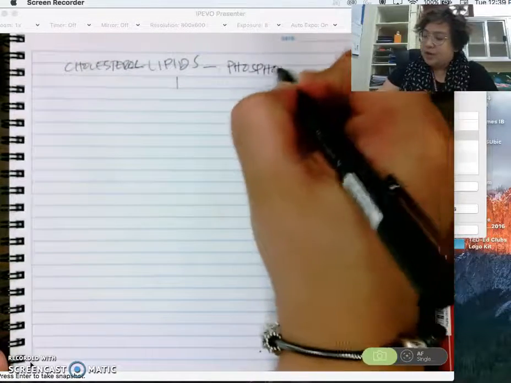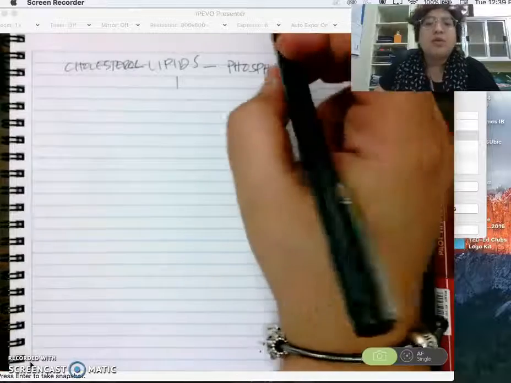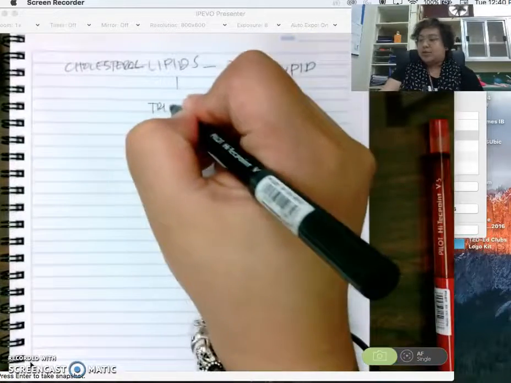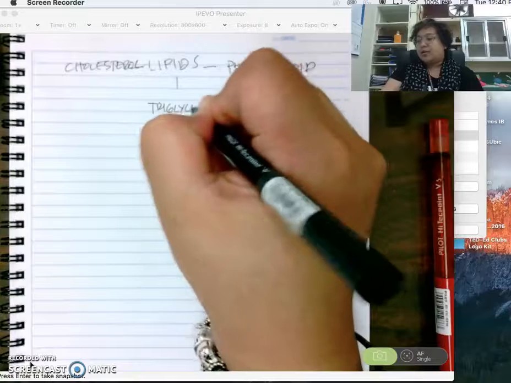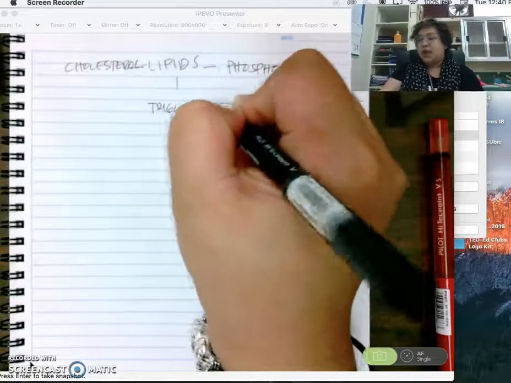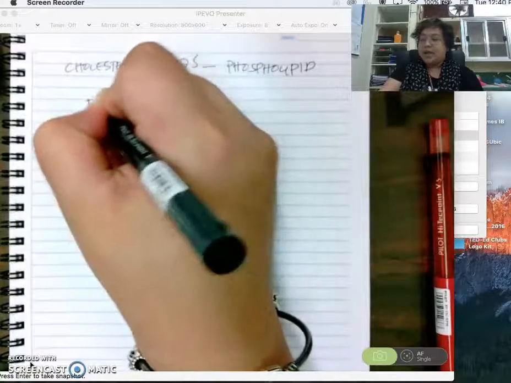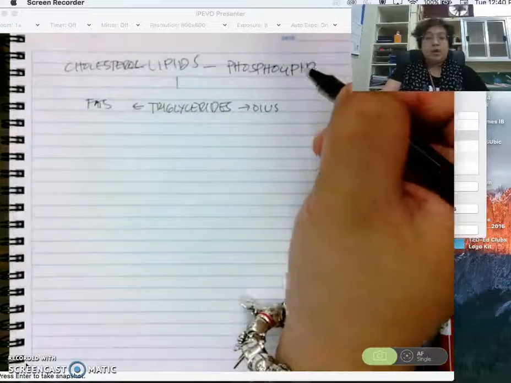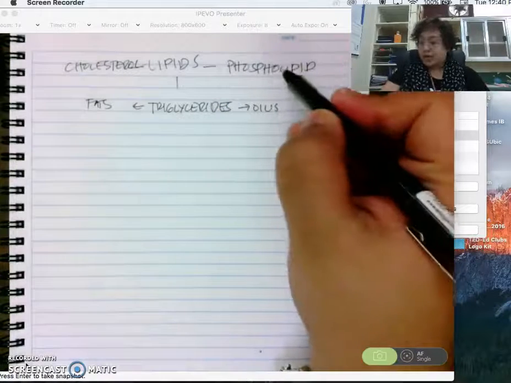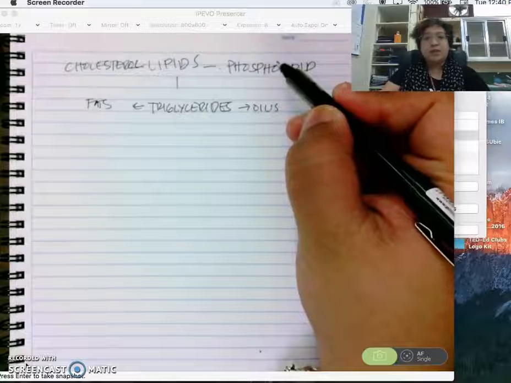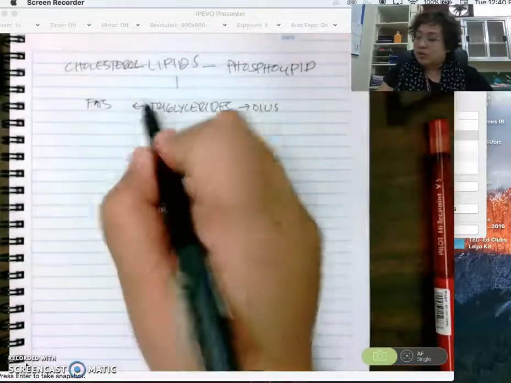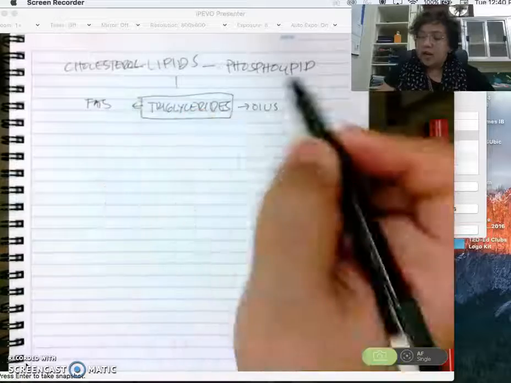But for this unit, we will only be concentrating on triglycerides, also known as fats and oils. We will talk about phospholipid when we reach the topic of the cell membrane. So for this 2.3, we just want to focus on triglyceride.